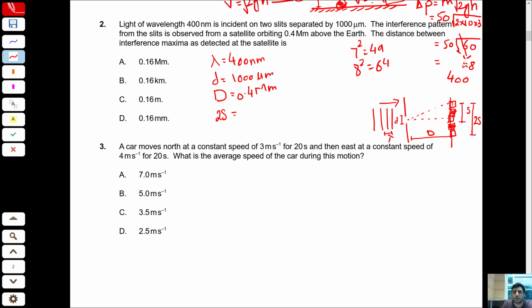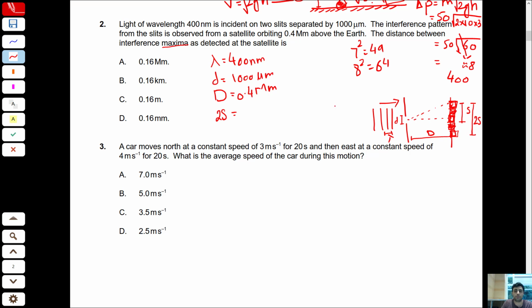So what is he asking us? The distance between interference maxima. So these ones. Not the middle one, because the middle one is always maxima, so there's no point talking about it because it's always going to stay there. So when we say central maxima, it is always the first maxima, these two. Okay, so we need to find this 2S.